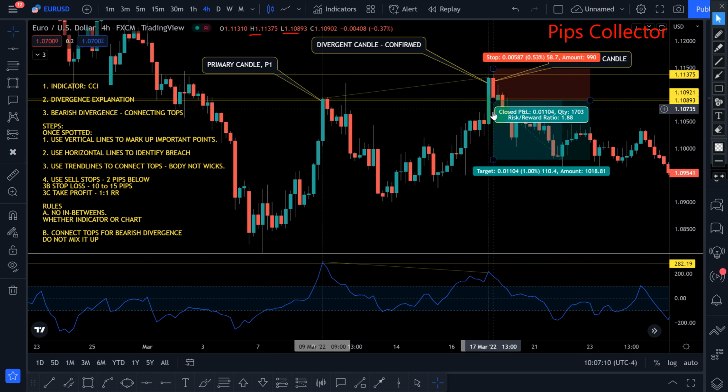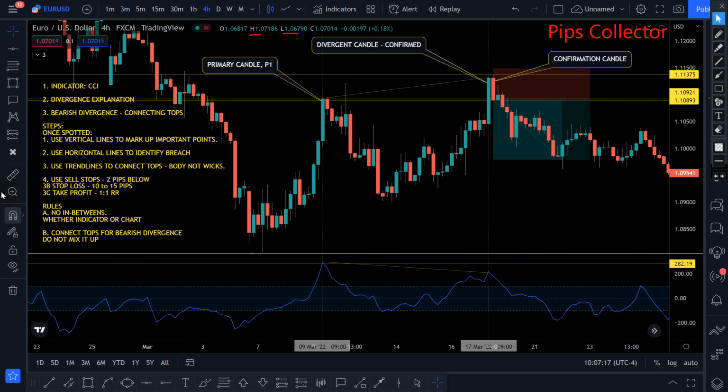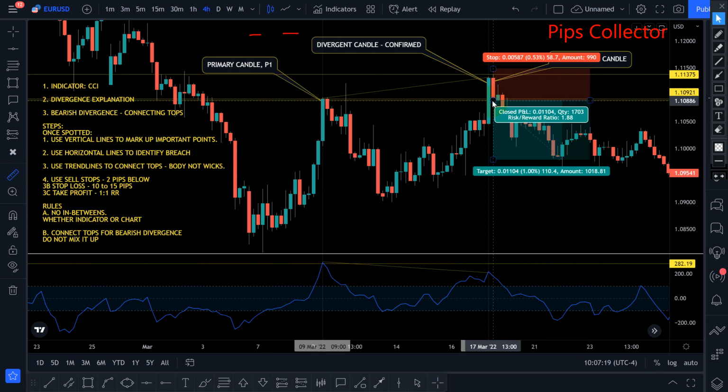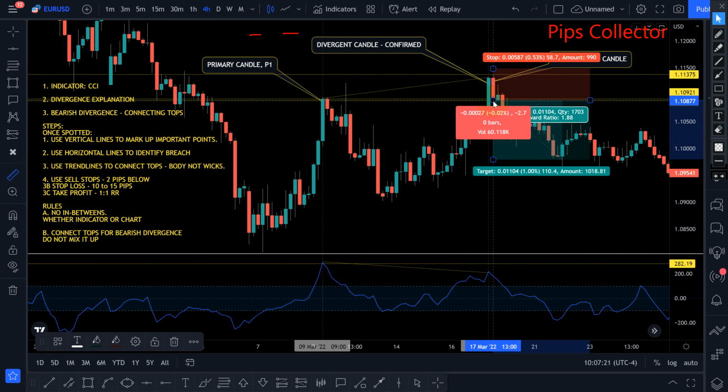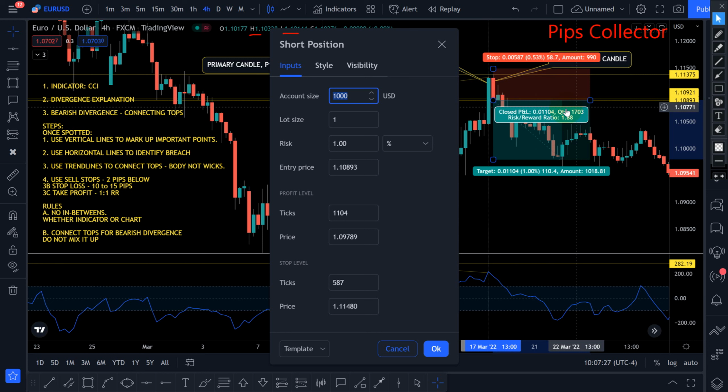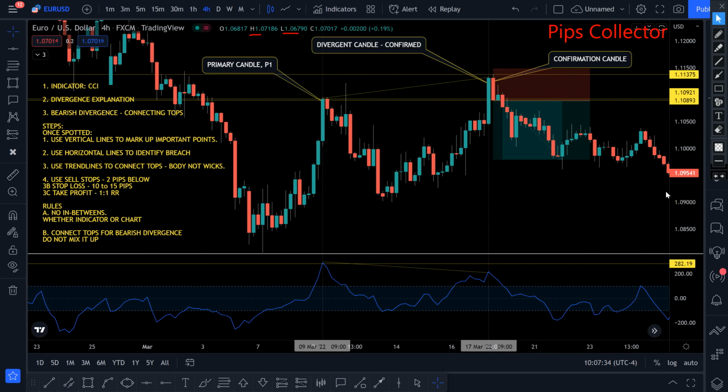You move these 2 pips down. So 2 pips down, use this measurement to 1.10886, 2 pips down.